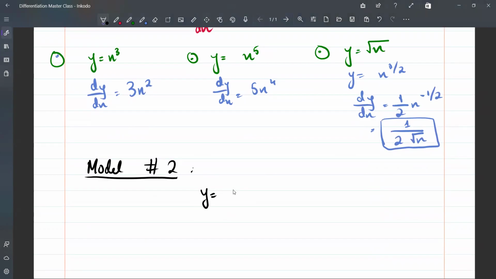Let's say y is equal to a x power n. So dy over dx would be a n x power n minus 1.